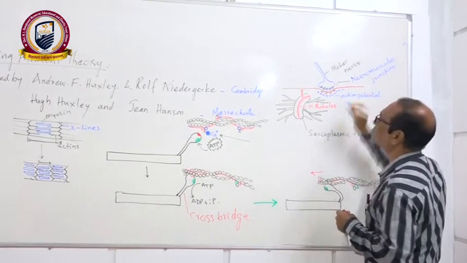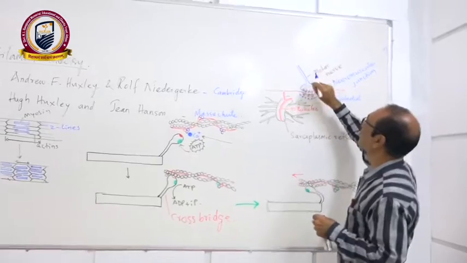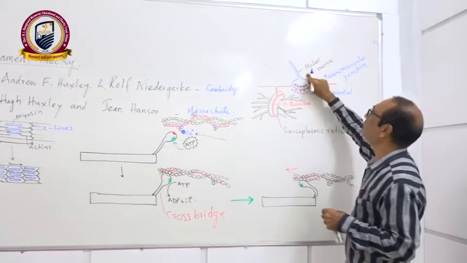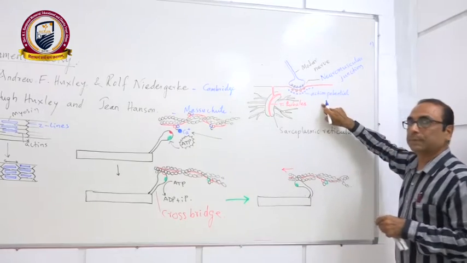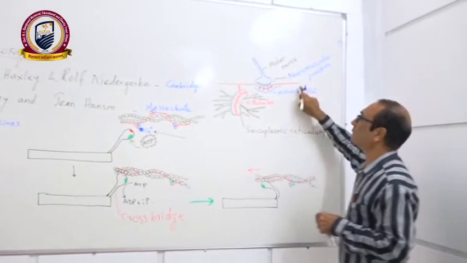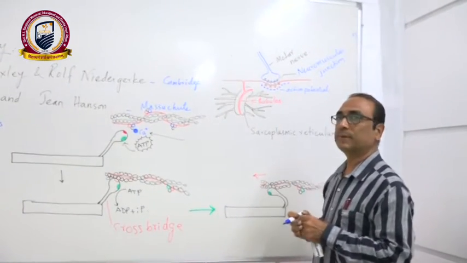And this neuromuscular junction is a junction between the motor neuron and the surface of the muscle cell, or the plasmalemma of the myofiber.